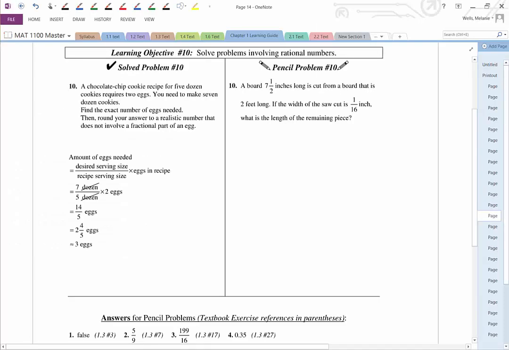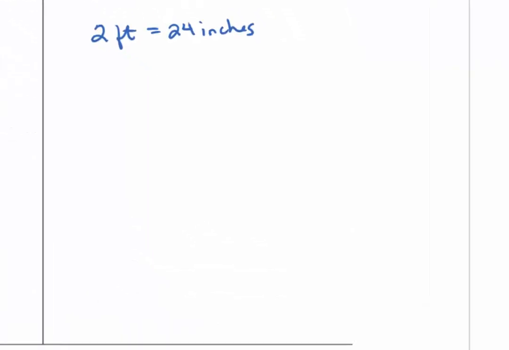On number 10, I have a board that's 7.5 inches long is cut from a board that begins at 2 feet long. The width of the saw is 1/16 of an inch. What's the length of the remaining piece? So we're going to start out with the 2 foot long board, but we know that 2 feet is the same thing as 24 inches. So if we start with 24 inches, we're cutting off of that board 7.5 inches, then let's change them both to improper fractions. 24/1 minus 2 times 7 is 14, plus 1 is 15/2.